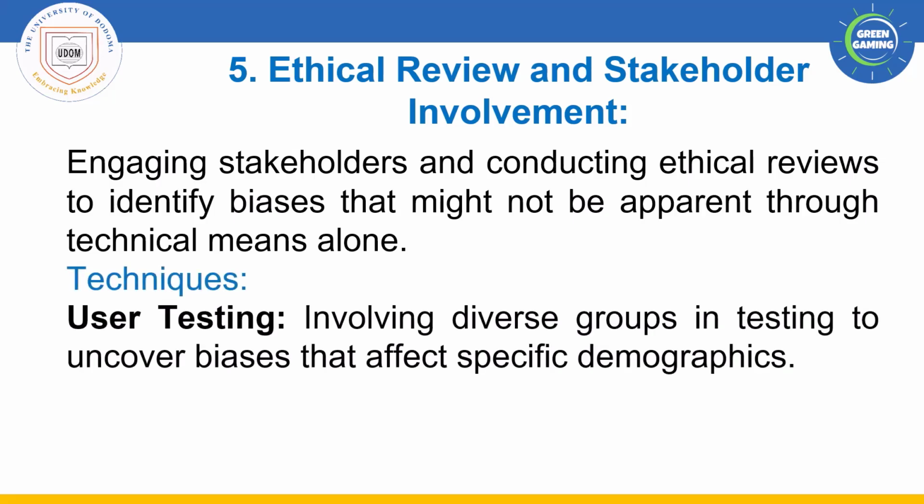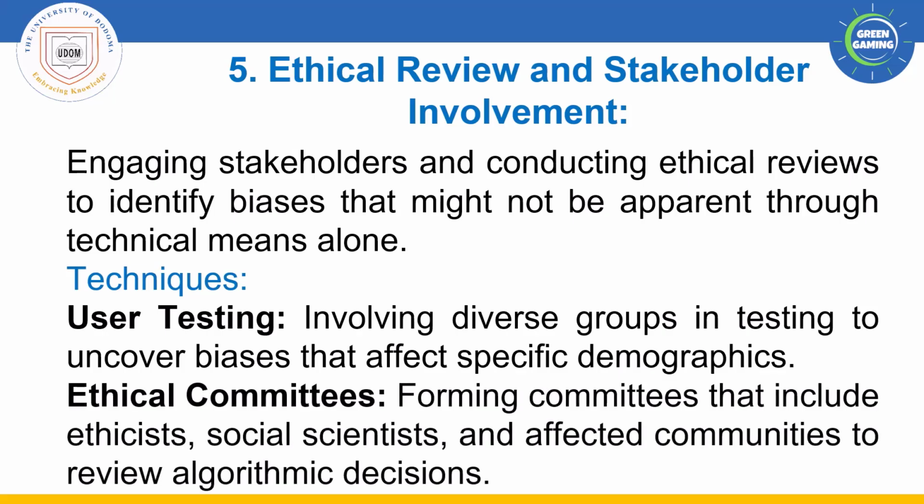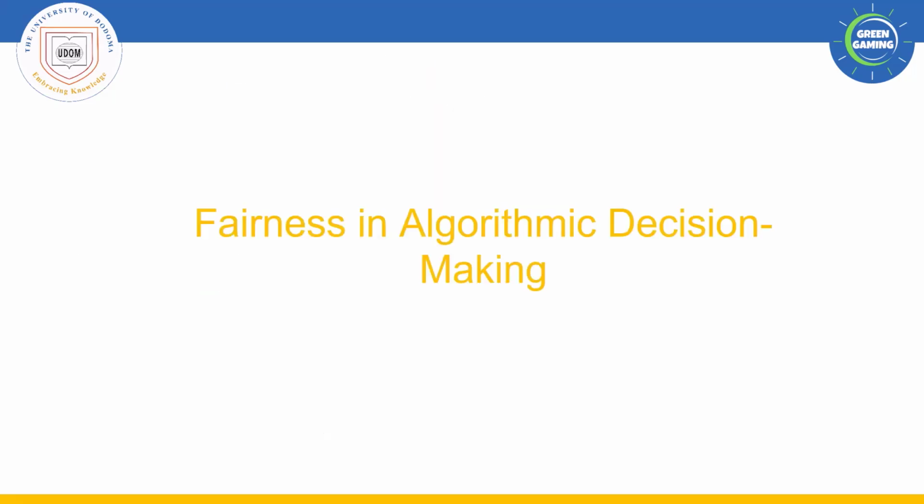Different techniques here are user testing, whereby we involve diverse groups in testing to uncover different kinds of bias that affect specific demographics, right? Apart from that, we have ethical committees, whereby you form a committee that includes ethicists, social scientists, and affected communities to review algorithmic decisions. So these are what we call ethical review and stakeholder involvement techniques.